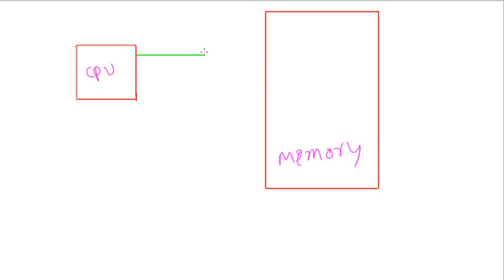If this is my CPU and this is our memory, the CPU places the address of some location that it wants to access. Now at that particular location, the CPU may want to read or may want to write. If the CPU wants to write, then data will go from CPU to memory, and if the CPU wants to read, then data will go from memory to CPU. So this is my address bus on which the CPU places the address of the location it wants to access, and this is my data bus on which data flows.